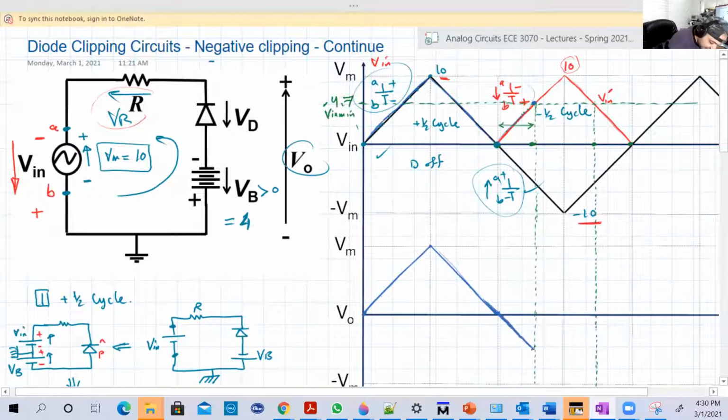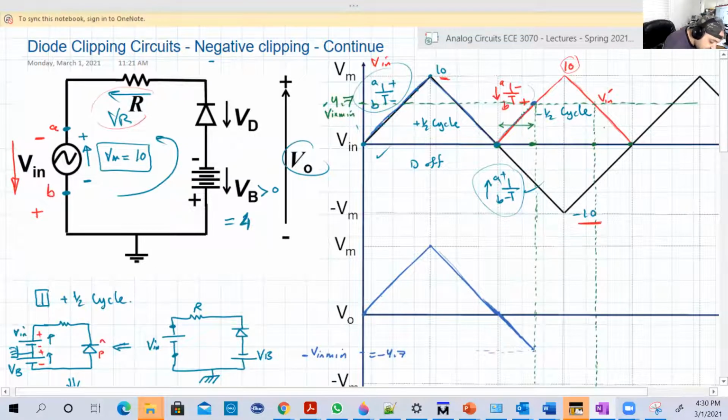Where this is basically minus the input dash minimum. This is basically minus 4.7, because when the input dash is 4.7, this will be minus 4.7.